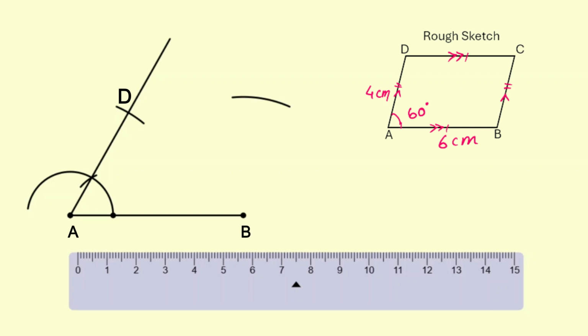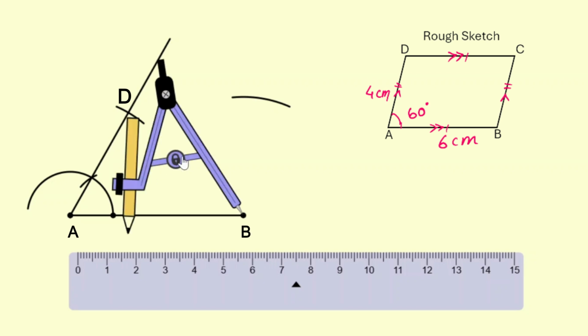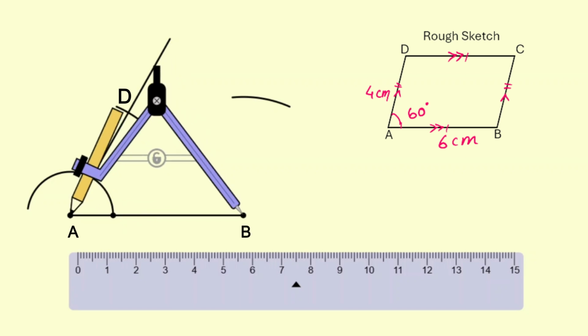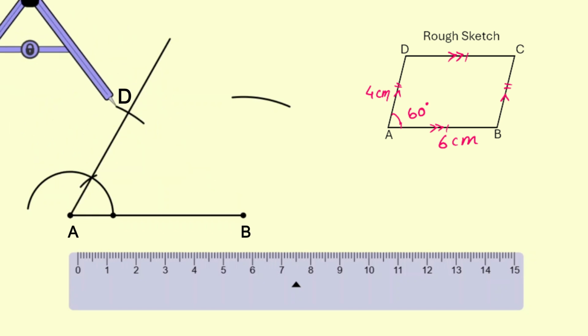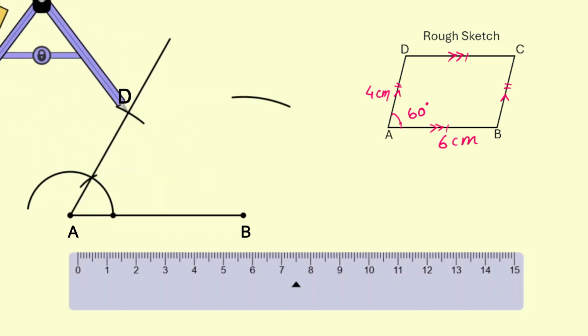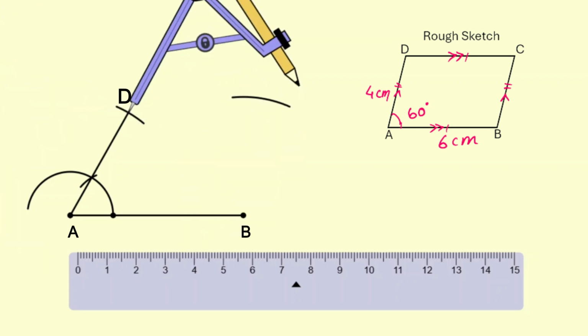See? Still I don't know where point C lies, but I know that the length of line segment CD is 6 centimeter. So let me make an arc radius of 6 centimeter using my compass. This is 6 centimeter because I made it 6 centimeter initially. I'll put my compass at point D and cut this arc.